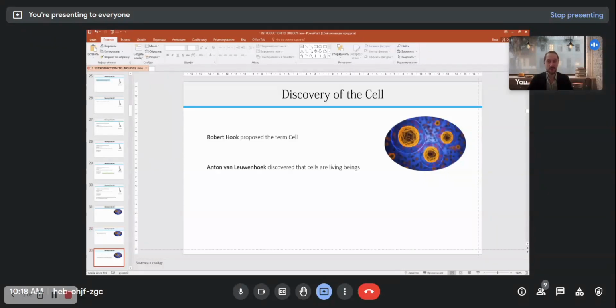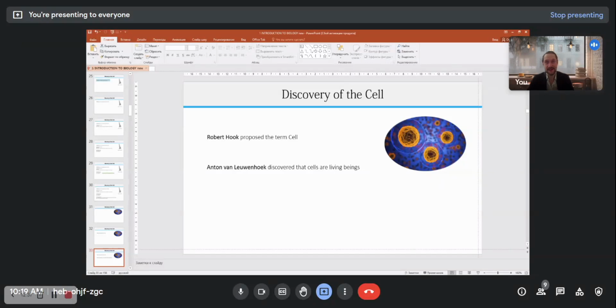And another person, Anton van Leeuwenhoek, discovered that cells are actually living beings. And what is especially interesting, in contrast to Robert Hooke, who was a prominent and honorable scientist, Anton van Leeuwenhoek was not a scientist. His job was to sell clothes. However, he was very curious, and he used a microscope to look at a drop of water.